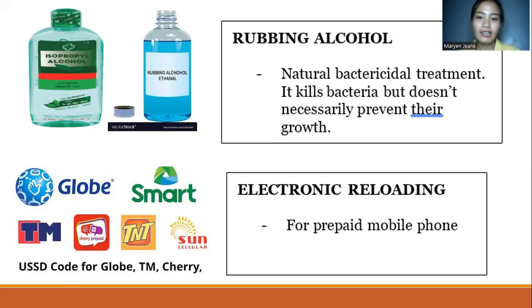Next is the electronic reloading. This is for prepaid mobile phones. Why is this important nowadays? Yes, because especially when we go out of town, we need a load to access social media, to access Messenger, no?